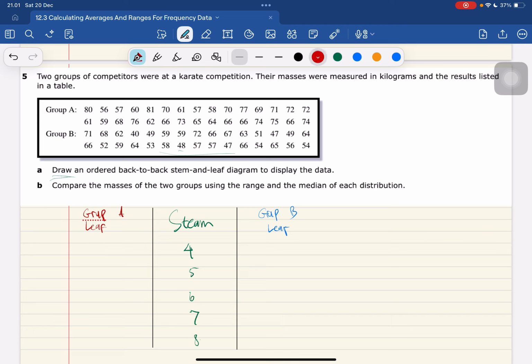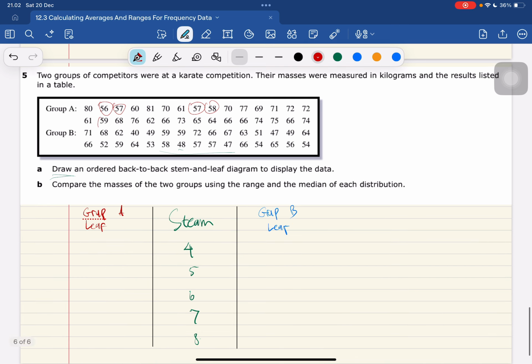Let's start with group A. There is no 40 for group A, so start with 5. 56, 57, 57 again, 58, 59.